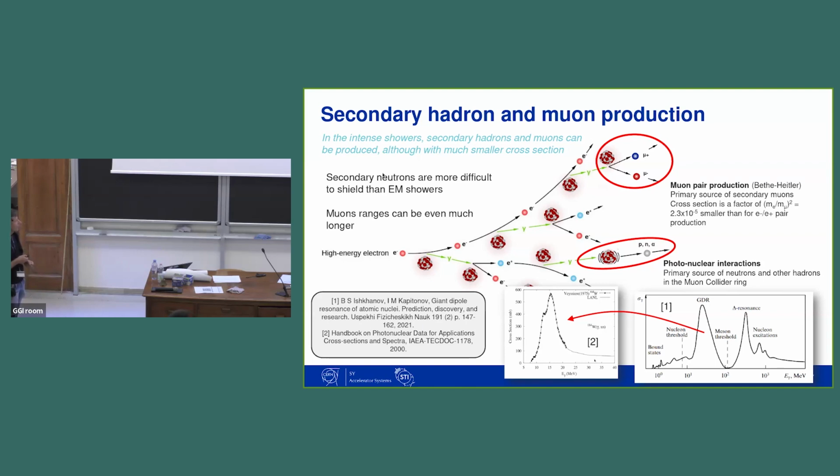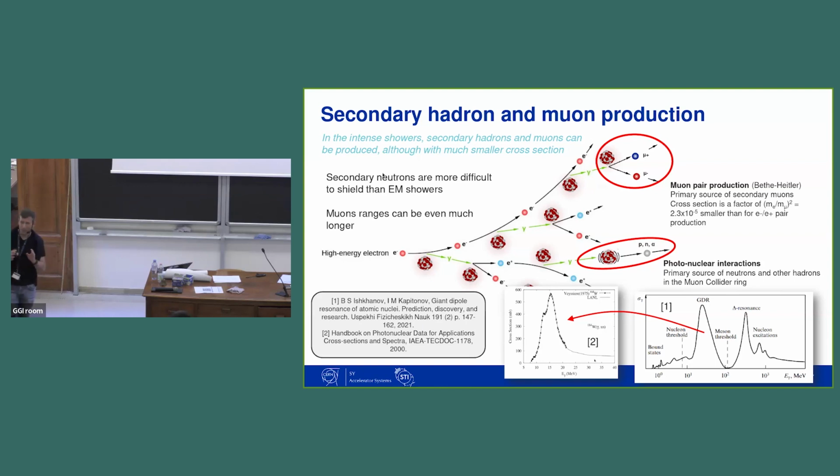And according to these resonances, this is where most of the hadrons are produced. So typically you can see the GDR for tungsten, our material of choice for the nozzle, at an energy of the order of 10 to 20 MeV. So this is where we produce a lot of neutrons. Neutrons are much more difficult to shield than the showers.